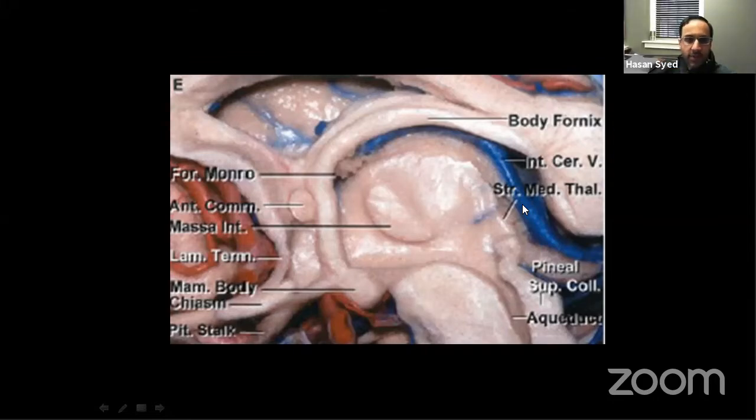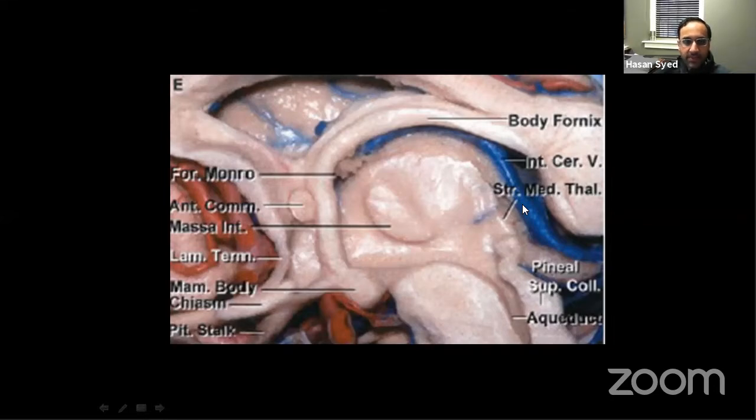The other thing I just wanted to mention, that I'm sure Azam can speak about as well, is in terms of preoperative assessment, depending on the pathology of tumors or anything else located in the third ventricle, the venous angle. The venous angle, as we know, is the junction between the thalamostriate and the internal cerebral vein, and oftentimes that occurs right at the posterior margin of the foramen of Monro.